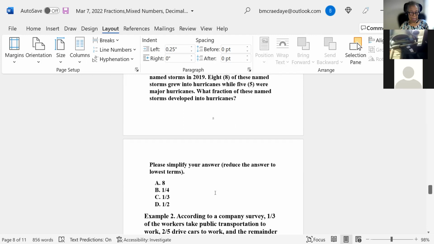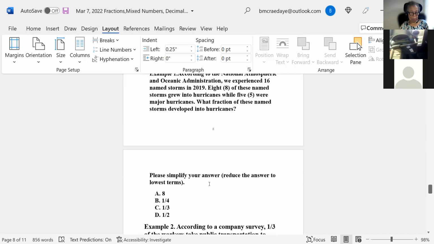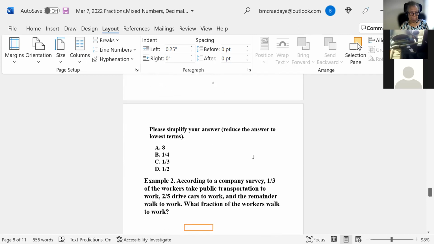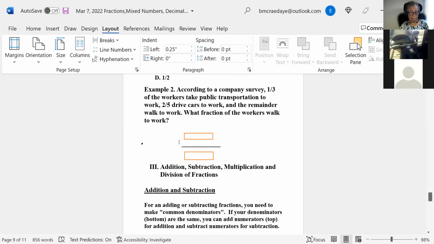It's multiple choice. Simplify your answer, reduce to the lowest terms. That goes with the word problem. And here you're going to come up with a fraction, putting the numerator here and the denominator here. We'll start with the addition, subtraction, multiplication, and division of fractions next time.